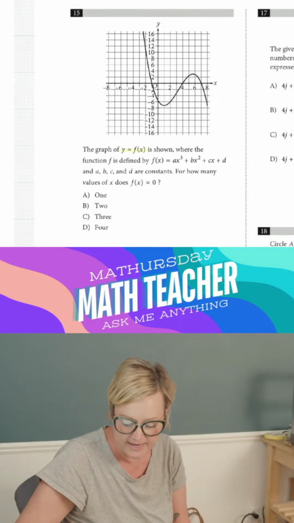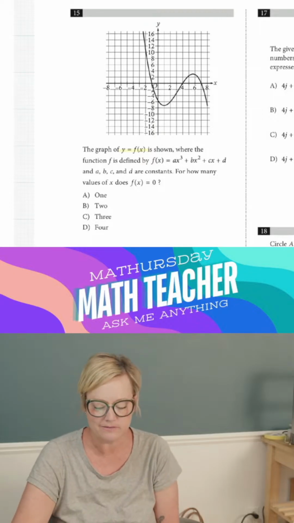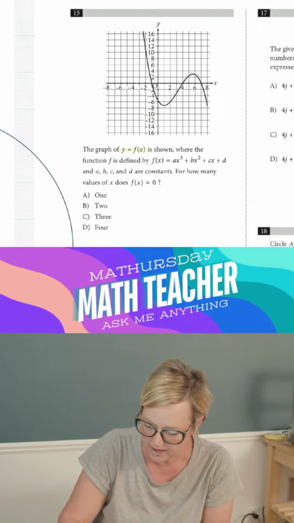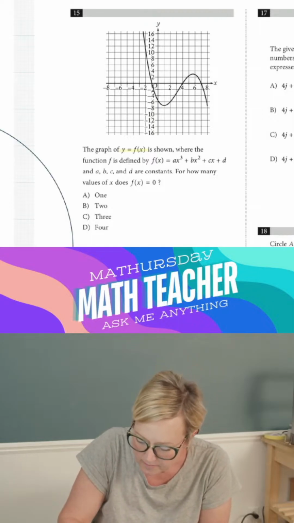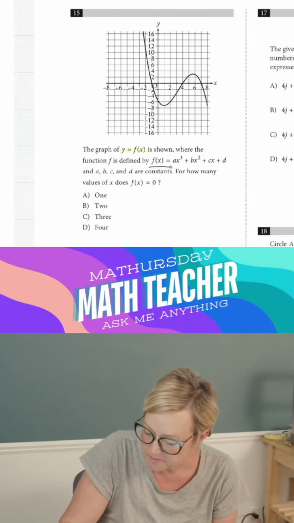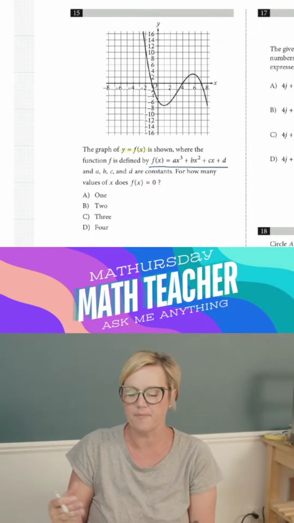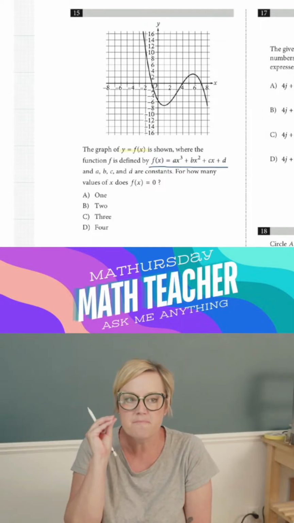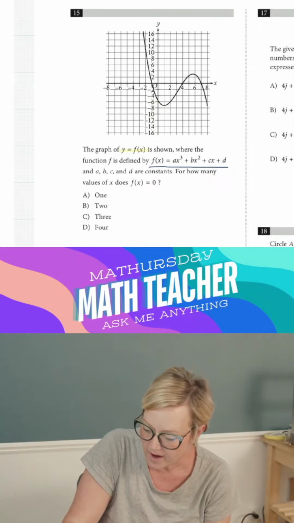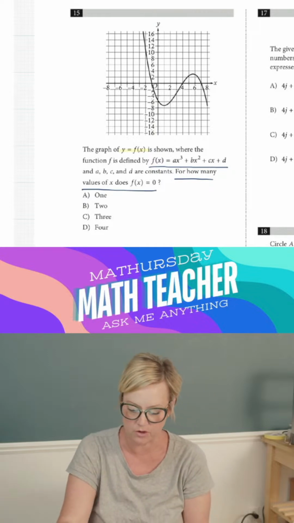Let me make this a little bit bigger. We don't have any values, so the key question is right here: for how many values of x does f of x equal 0?